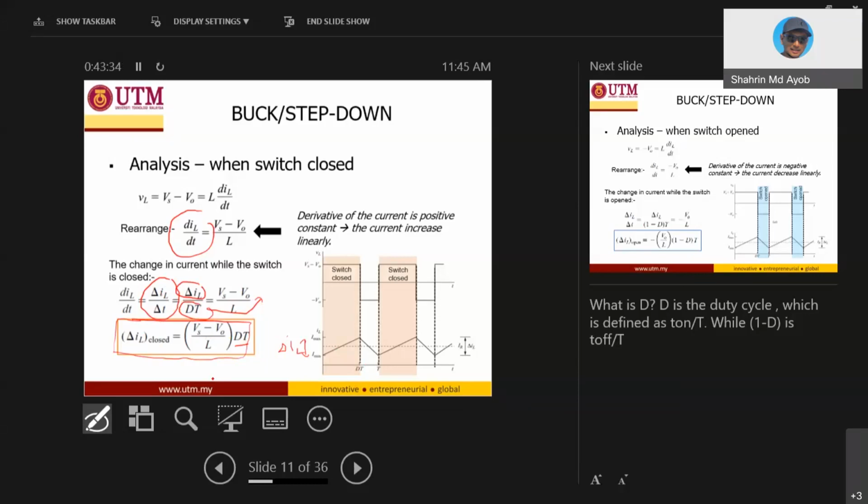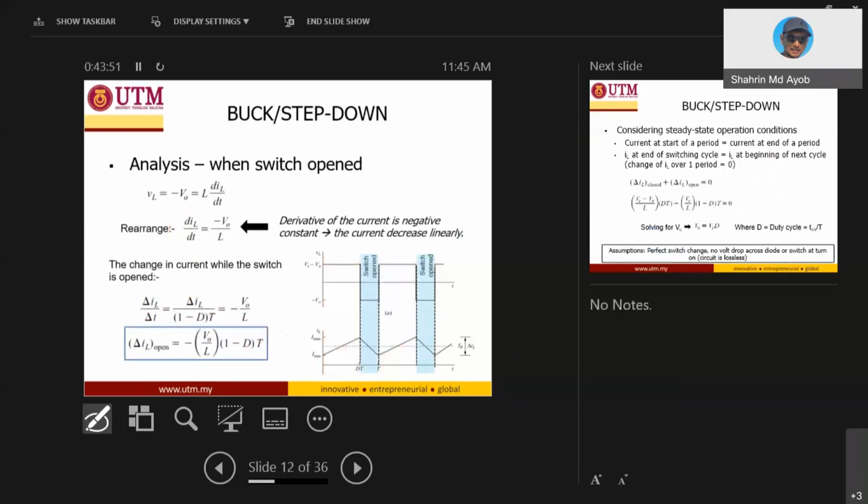Okay, clear? This is when the switch is on. You need to know how to obtain this equation, delta IL on. So let's look at the analysis when the switch is open.